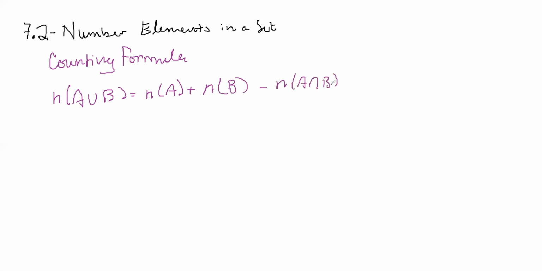And this is basically just logic, because for instance, if we have our same sets as last time, A is equal to {1, 3, 4}, B is equal to {2, 4, 5}, there's going to be 3 numbers in A, 3 numbers in B, 1 number that's common between them, and so the union of A and B is going to be 5 numbers.